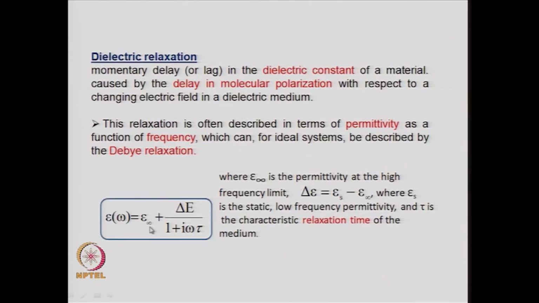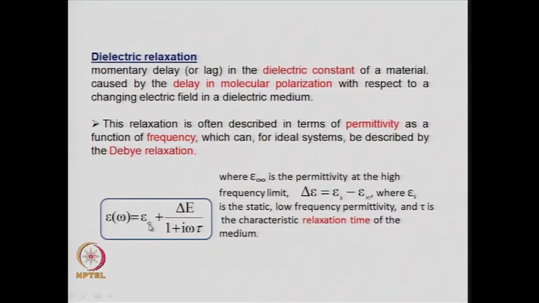We write infinity as if it is infinite frequency, but actually it means the frequency is very high, say 10 to the power 15, 10 to the power 16, and this is called the high frequency dielectric constant. The normal dielectric constant for any frequency is related to this plus one factor, where you have this frequency and the characteristic relaxation time tau built in.